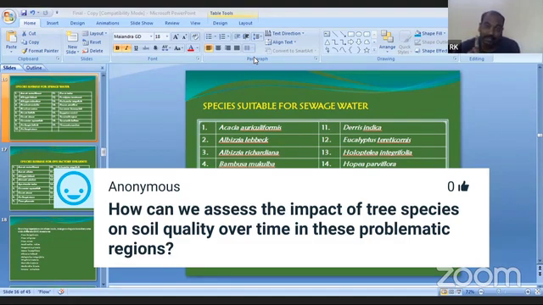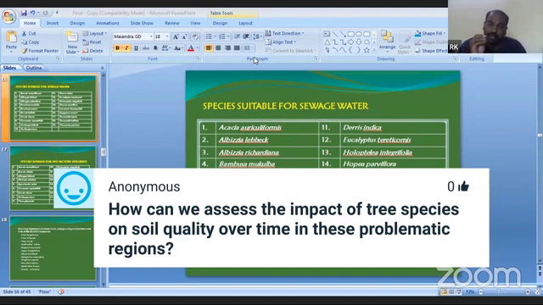That is the assessment of survival in that soil. Out of 10 different species, 5 species may succeed and 5 species may not survive at all, fully died. So only 5 species survive in your planting locality. This is called assessing which tree species are suitable.